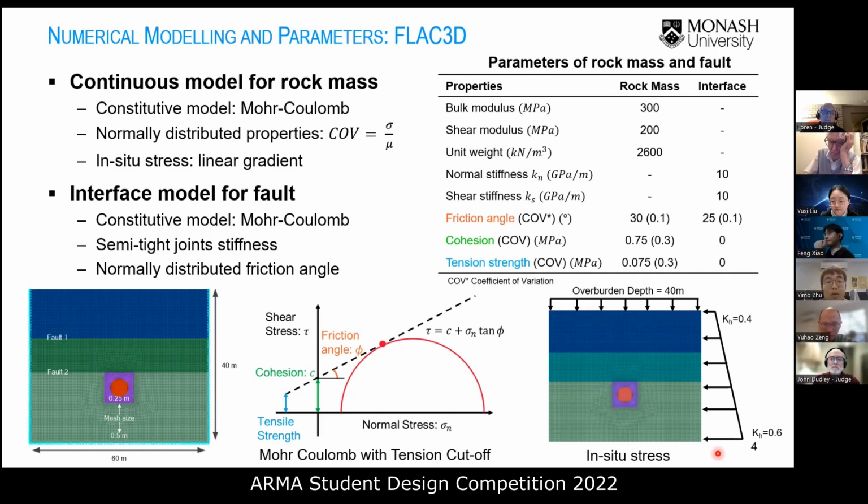In rock mass, there are geological stresses. We just assume 0.4 and 0.6 to be the values ranging with depth, but we also verified that this is a very general and reasonable range.